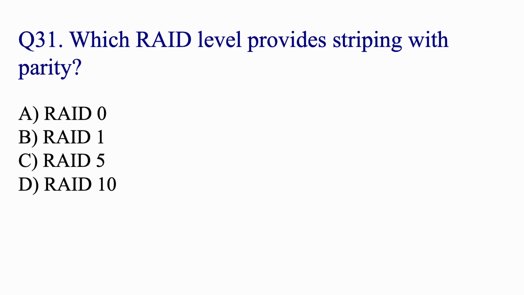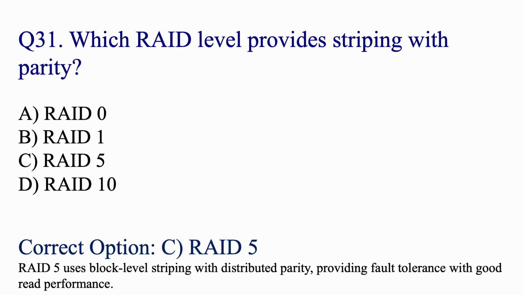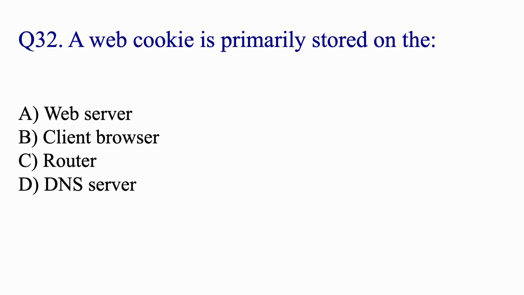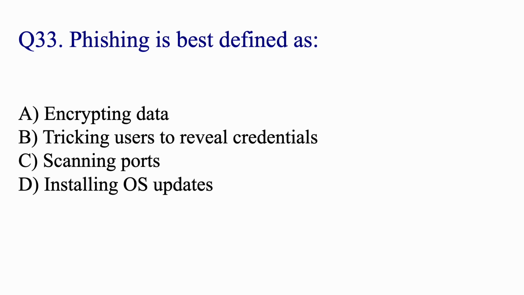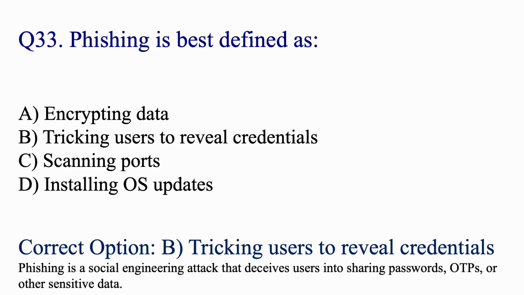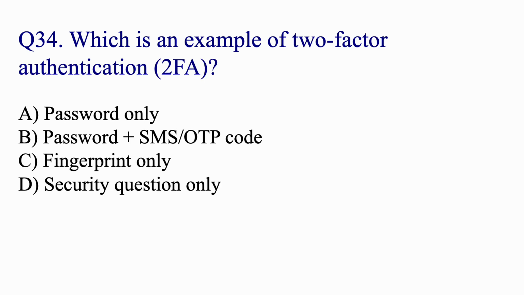Which RAID level provides striping with parity? RAID 5. A web cookie is primarily stored on the client browser. Phishing is best defined as tricking users to reveal credentials. Which is an example of two-factor authentication, 2FA?